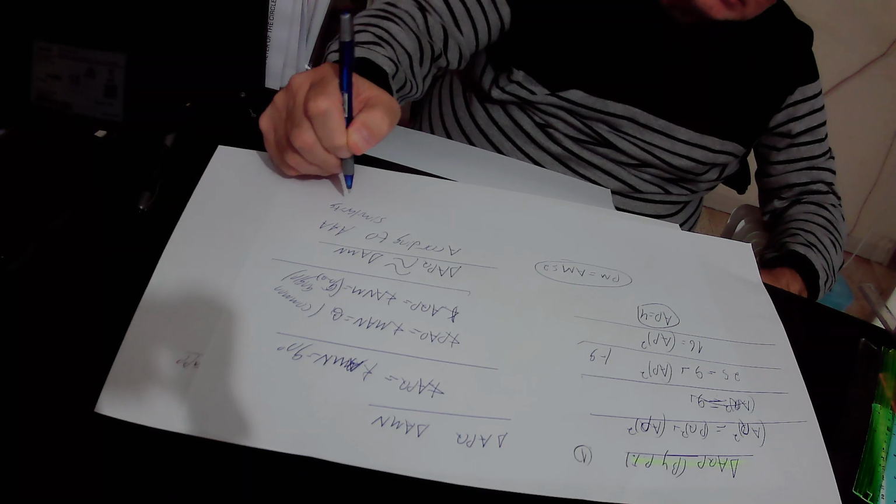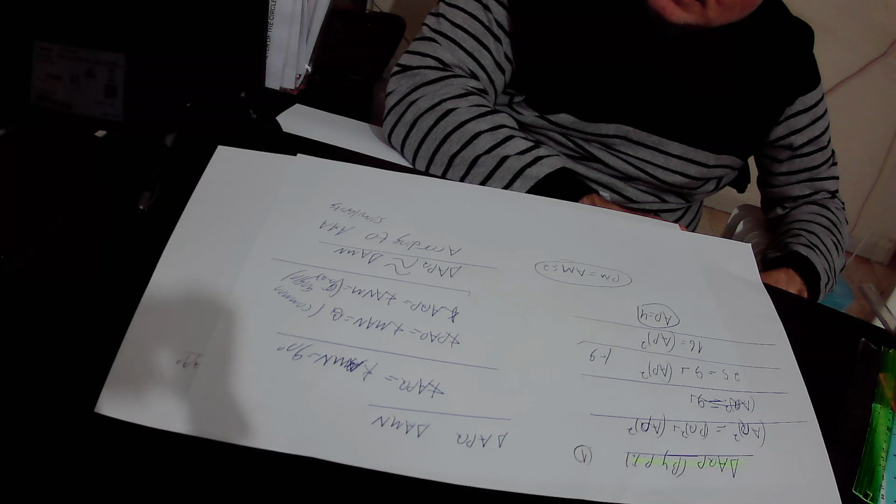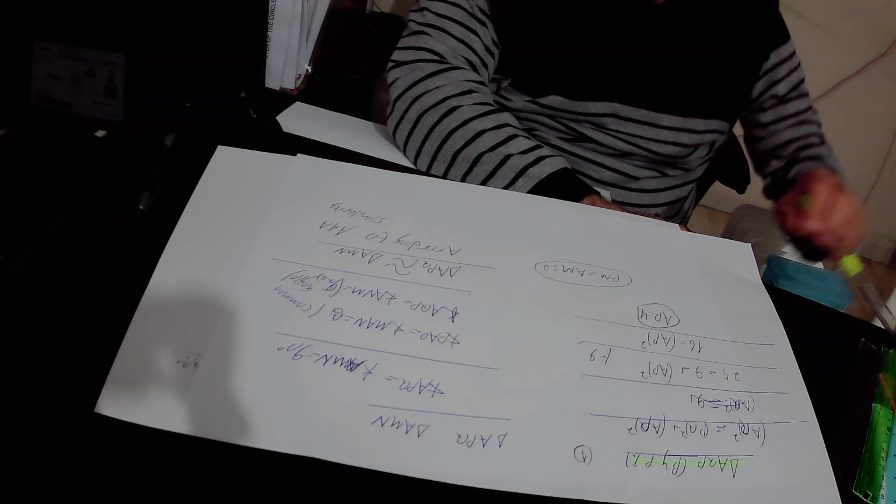That is to say, if three angles in one triangle are equal to three angles in another triangle, then the two triangles are similar to each other.